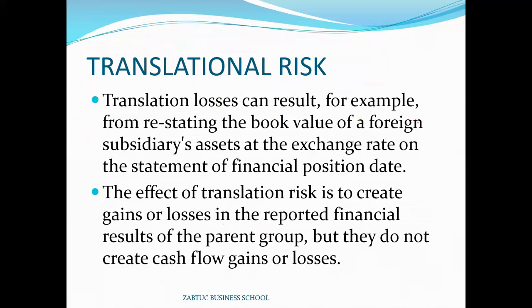Translation losses can result, for example, from restating the book value of a foreign subsidiary's assets at the exchange rate on the statement of financial position date. The effect of translation risk is to create gains or losses in the reported financial results of the parent group, but they don't create cash flow gains or losses. So there's no cash flow. These are on paper.